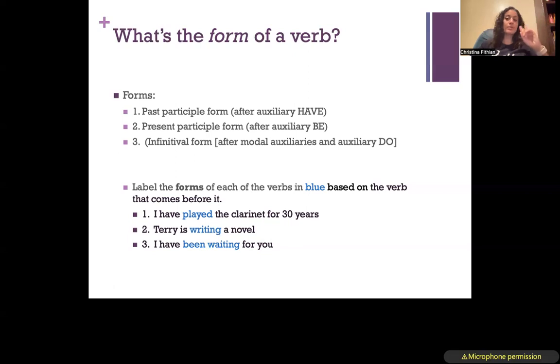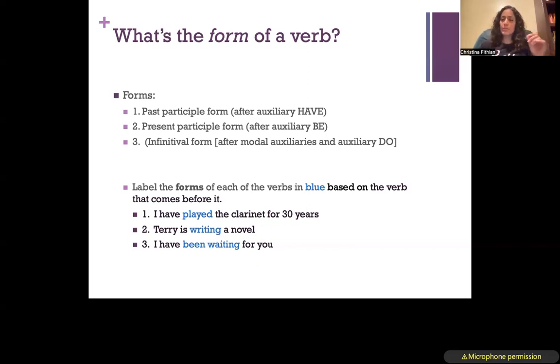Okay, this is a form of be, but it's not main verb be, because there's another verb that comes after it, namely write. So I have auxiliary be, and I have write, in this case, writing. So I can safely conclude that writing is a present participle form of the verb write.